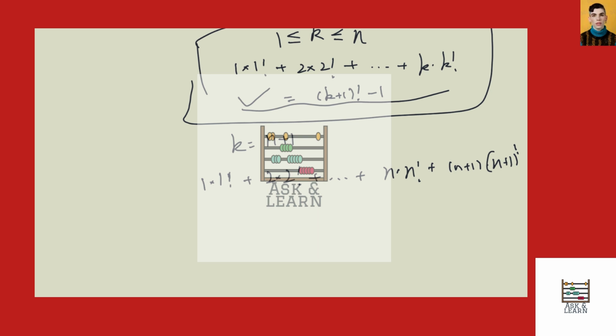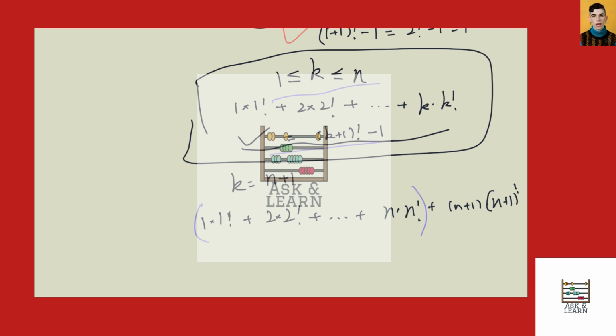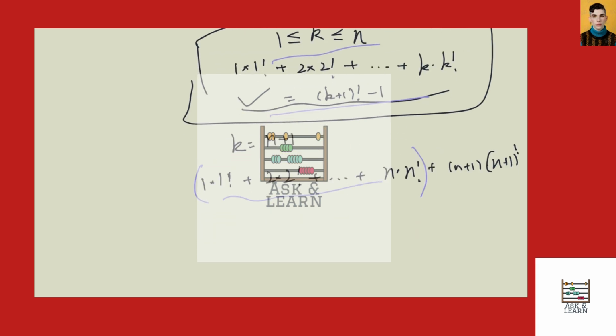By the rule of summation, we can first compute the summation from 1 to n. By our inductive hypothesis, this summation is equal to the factorial of n plus 1, minus 1.